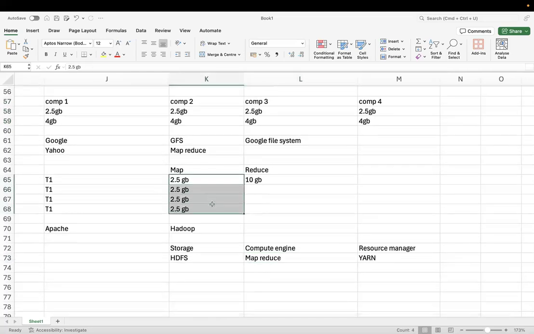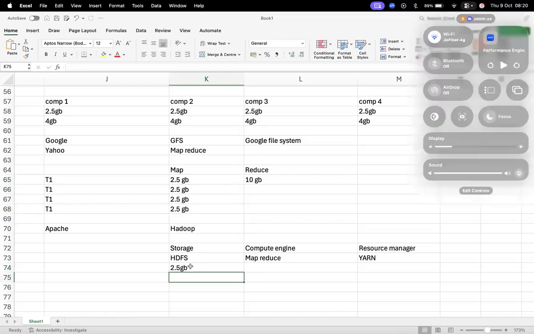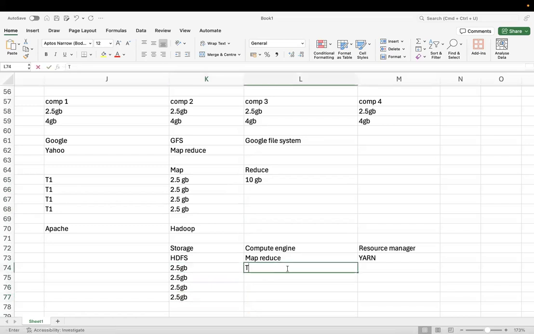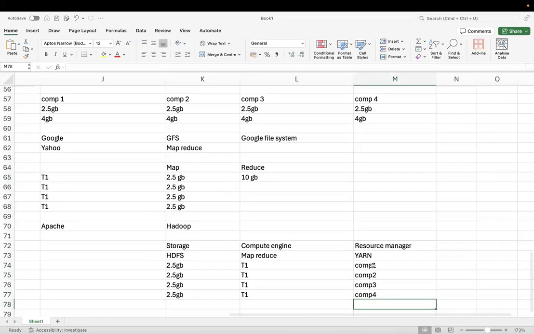So in summary, if you have a 10 GB file, HDFS is going to divide the 10 GB file into four parts. MapReduce is going to apply your transformations. YARN is going to give you computer 1, computer 2, computer 3, and computer 4 to do this activity.